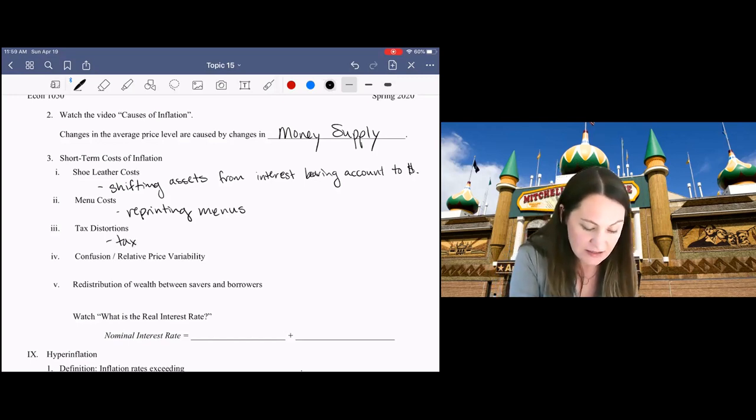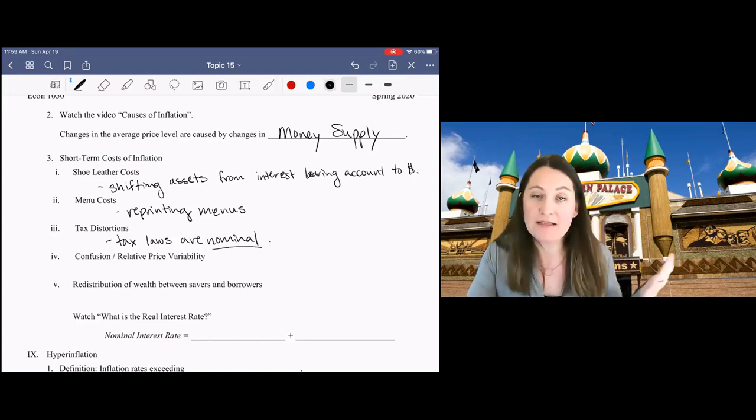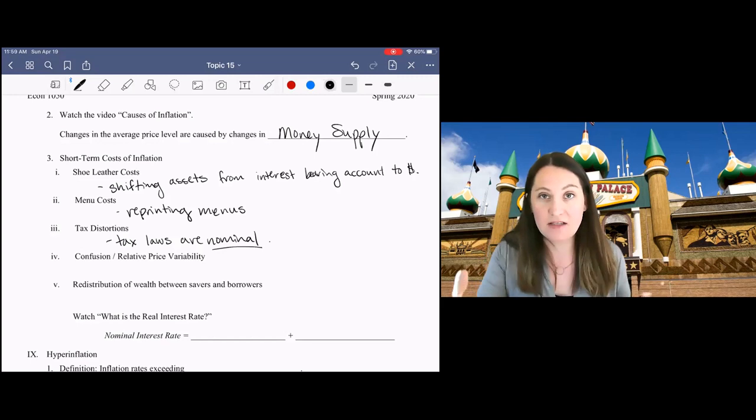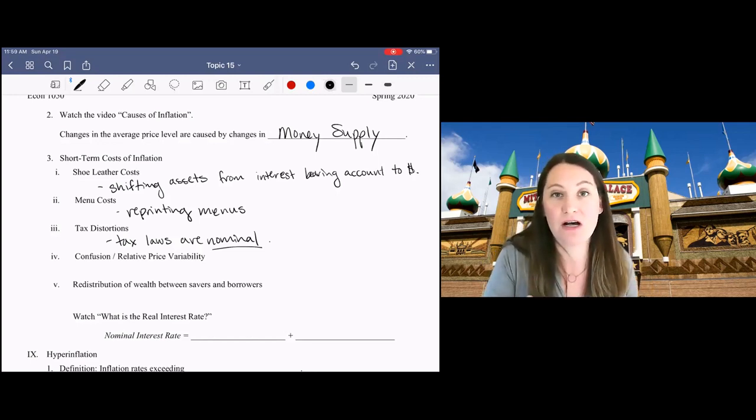So our tax laws are all written in nominal terms. So we have tax brackets. We've talked about this before. We have tax brackets that say this is your tax rate if you fall into this income category. But those categories are all in nominal dollars.